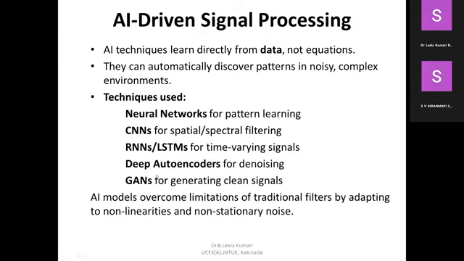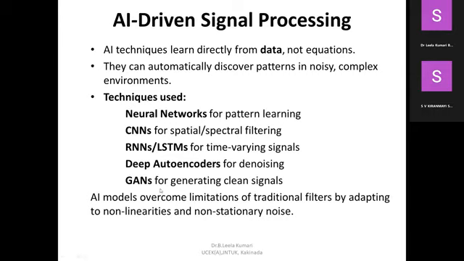And deep autoencoders are for denoising. Autoencoders are neural networks used to learn compressed representations, so deep autoencoders learn to reconstruct clean signals by removing the noise in the encoding and decoding process.